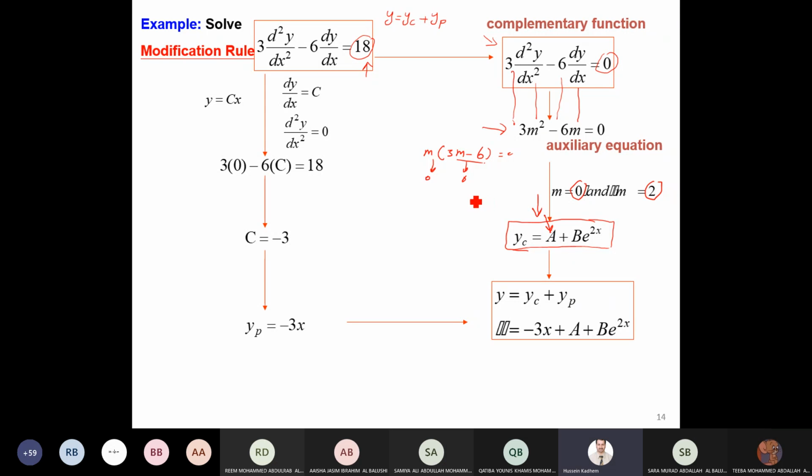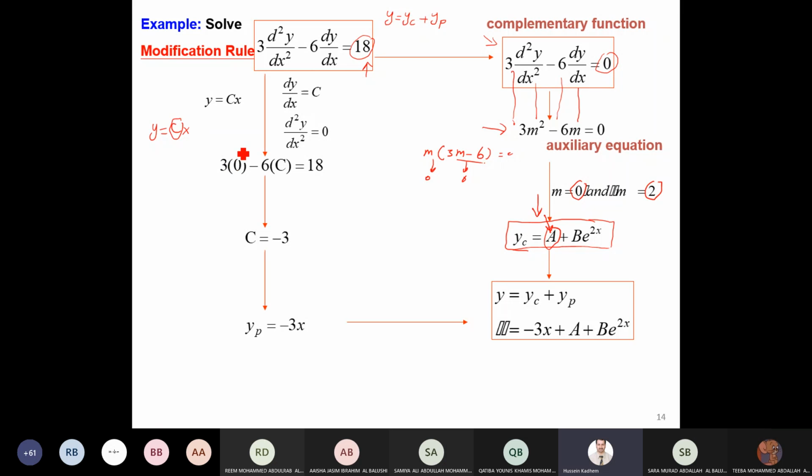To avoid confusion, or let me say overlapping, between the complementary part and particular part, I cannot assume y equals c directly, as in the table. We cannot do this because here will be a constant and here a constant, and they will overlap. So I will multiply c by x.